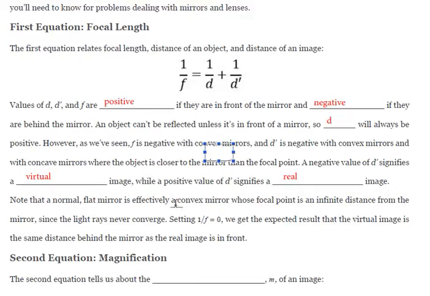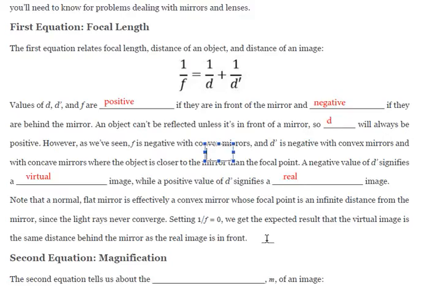So a normal flat mirror is just effectively a convex mirror with a really far away focal point, infinitely far away. So the light rays never converge. If you set 1 over f to 0, so 1 divided by a really huge number, then we get what we would expect.